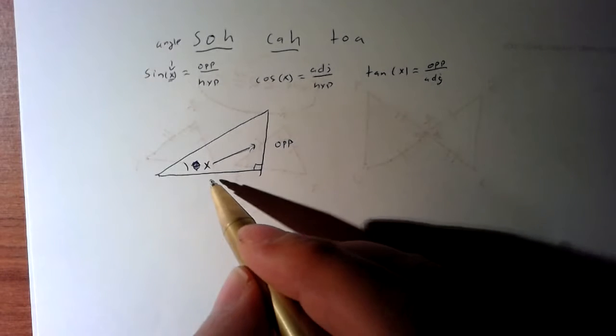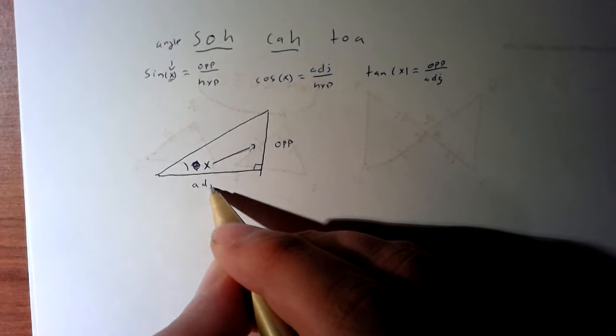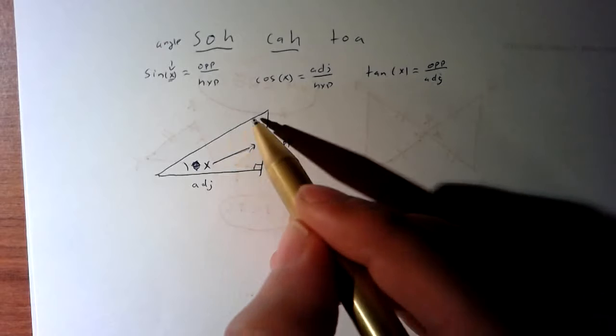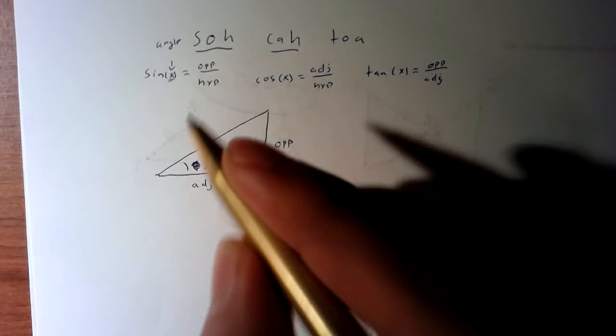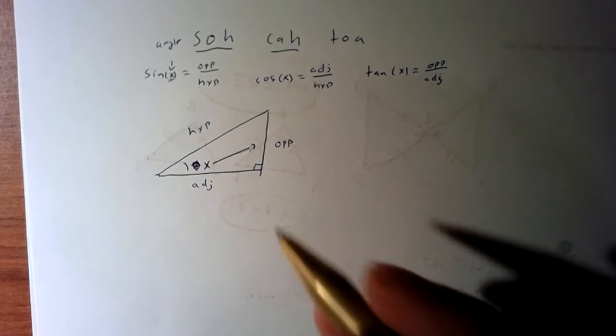Now, of course, the one that's right next to it is the one that we call the adjacent here. Now, hold on a bit. You might be saying, wait a minute, this side over here is also next to the angle x. Well, yeah, that is true, but it's a special side, because this is the hypotenuse of the triangle. Remember, the hypotenuse is always the longest side.